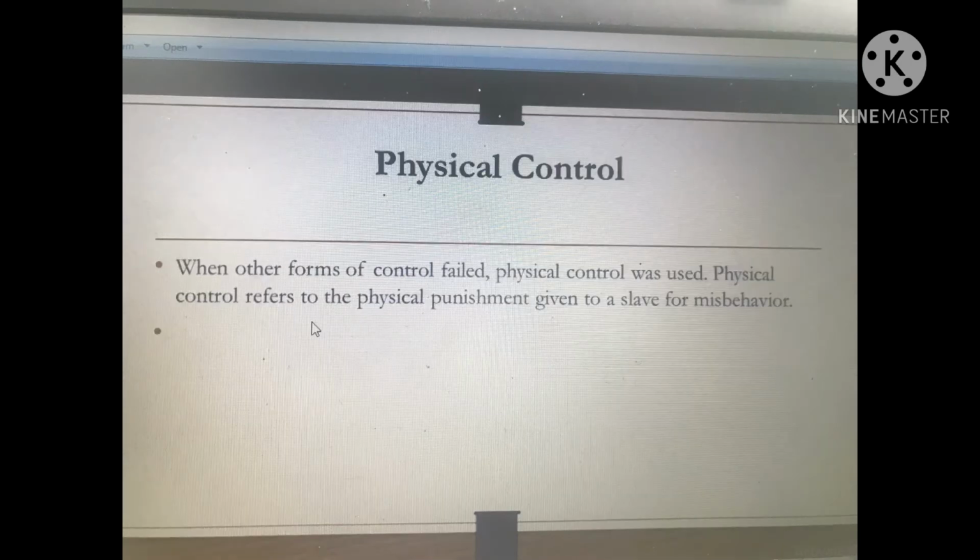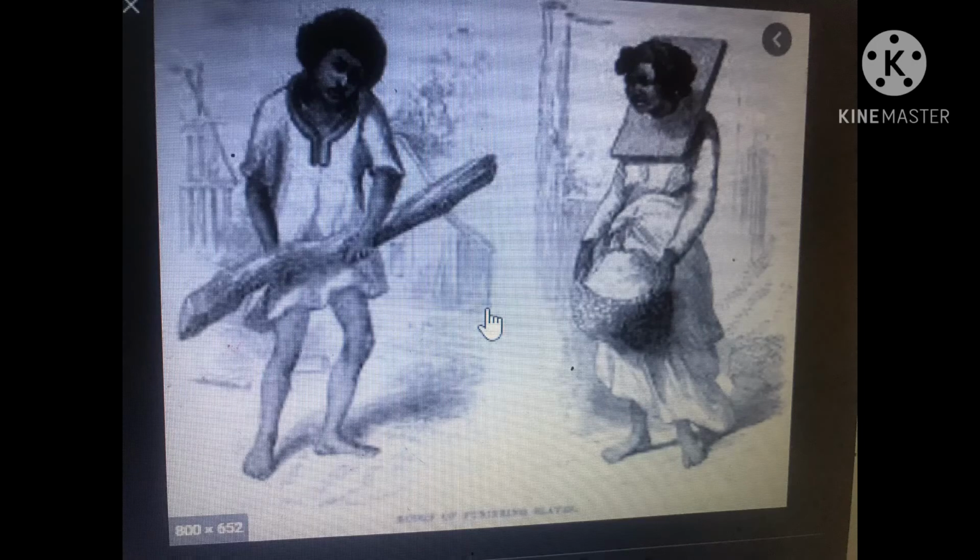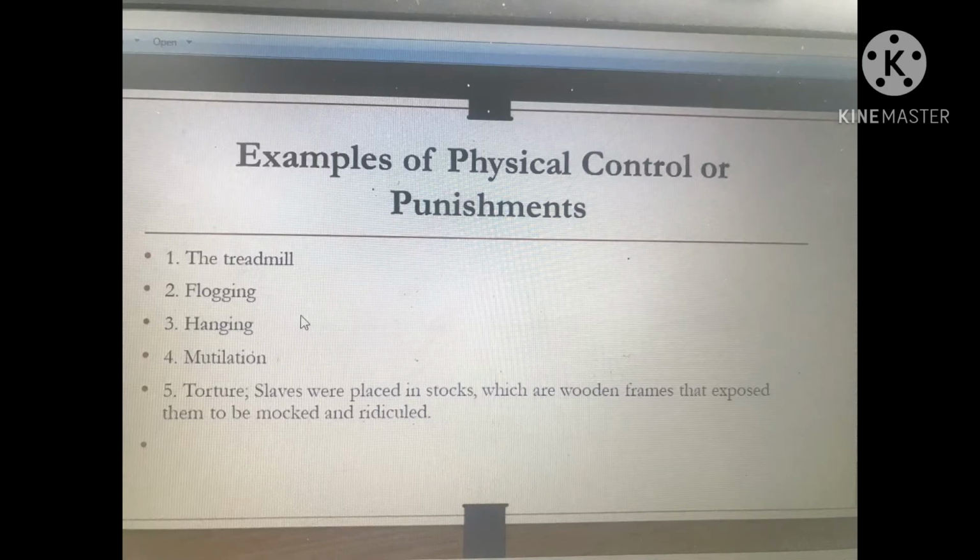When all other forms of control failed, physical control was used. Physical control refers to punishment given to the enslaved for misbehavior. Examples of physical control or punishments are the treadmill, flogging, hanging, mutilation, and torture.